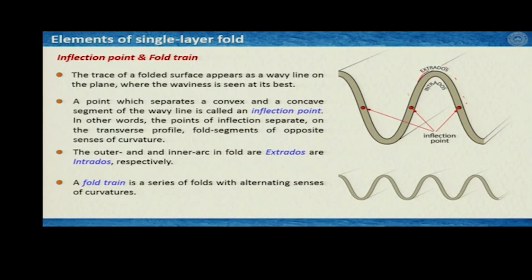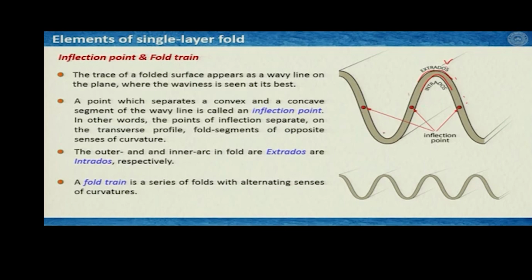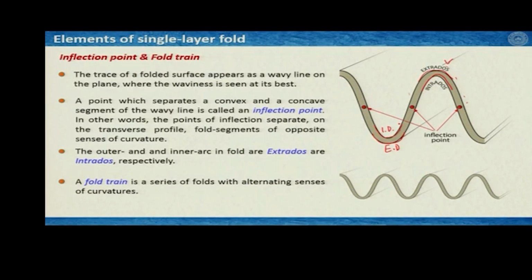So, this is the outer arc, known as extrados, and this is the inner arc, known as intrados. The fold core is also towards the intrados side. Now, if we come here, this would be your intrados and this would be your extrados. So, the outer arc here is extrados and this inner side is your intrados.